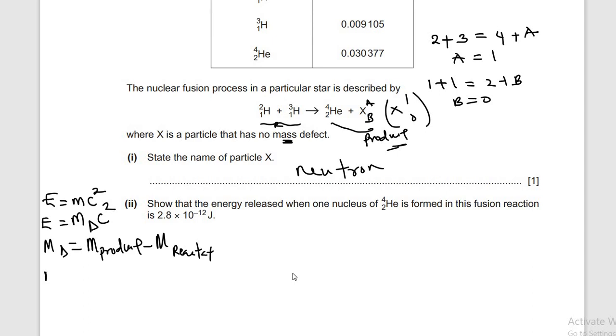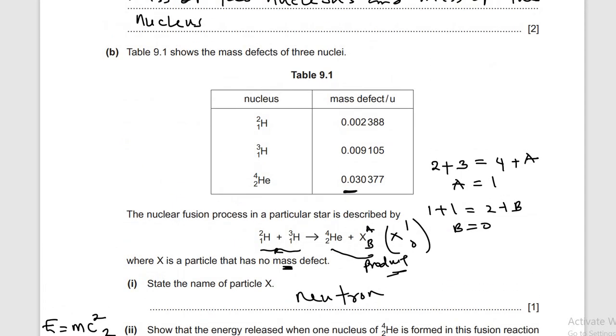So mass defect would be the mass of the product. They've given us the masses in u.